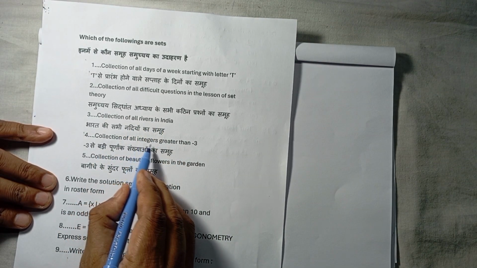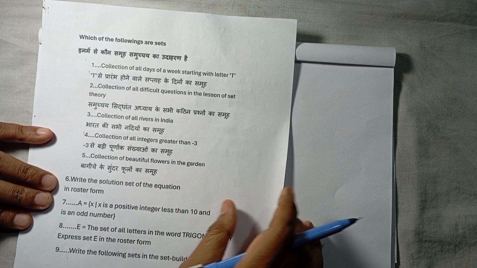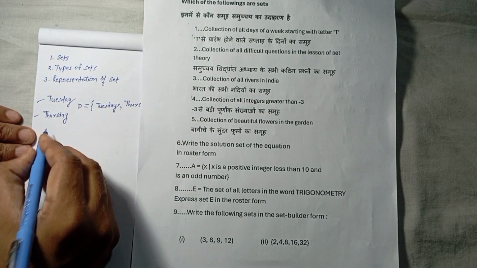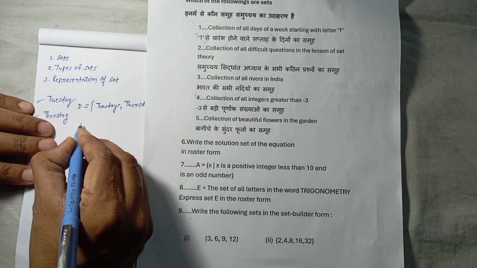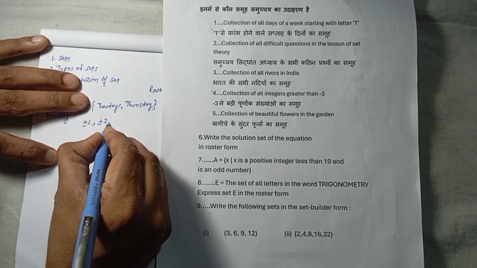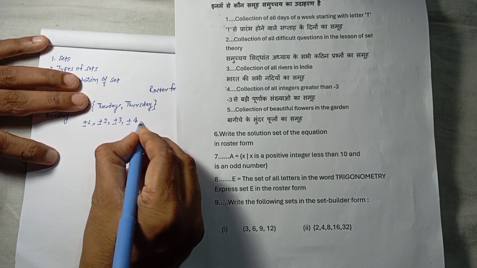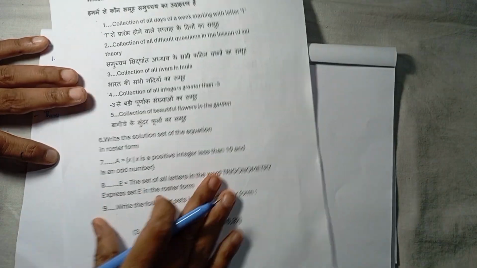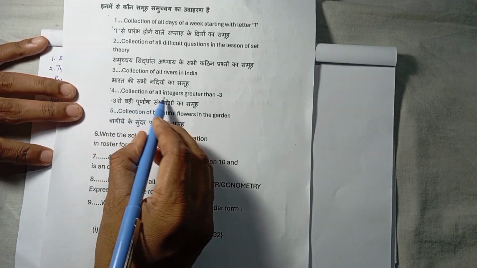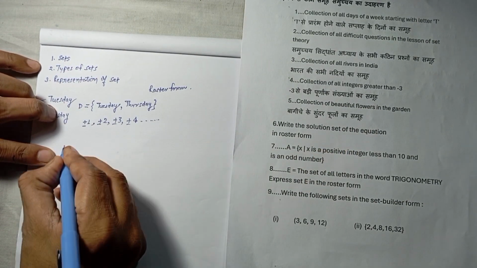Collection of all integers greater than -3. Okay, we know that integers are plus minus 1, plus minus 2, plus minus 3, plus minus 4 and so on. Now in this example we have to make a collection of all integers which are greater than -3.